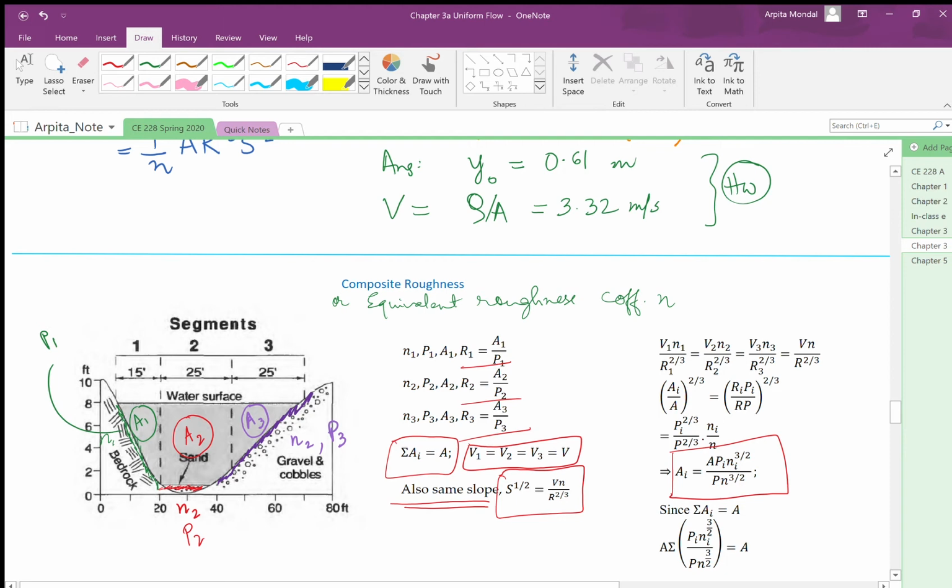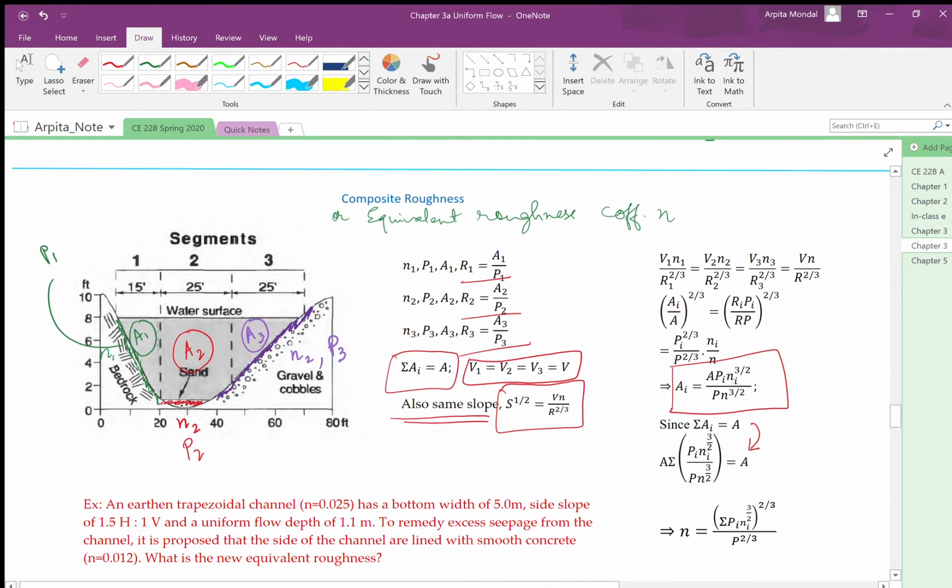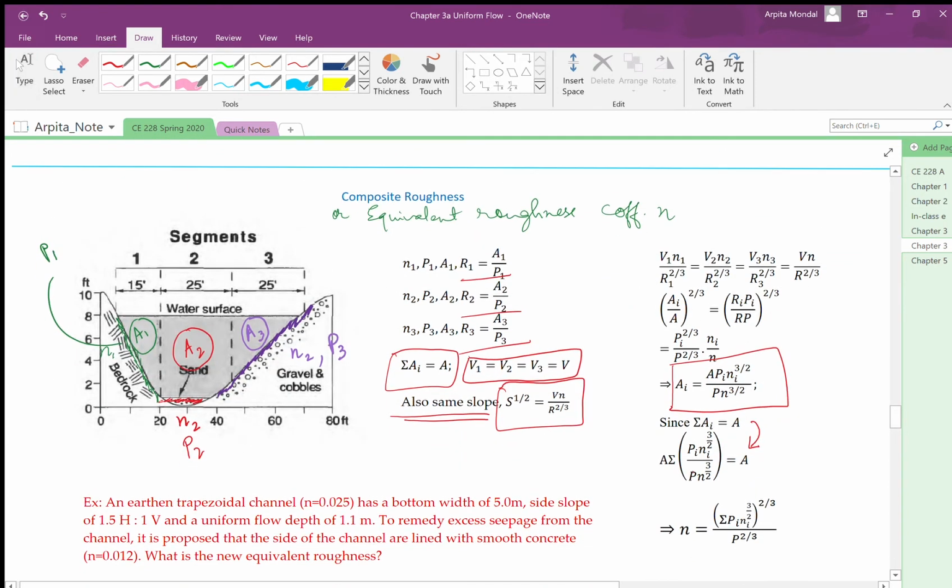We also know that the sum of all these three areas would give the total area A. So when we use that and rearrange the terms one more time, we get the expression for the equivalent Manning's roughness coefficient N, which is written in terms of the individual wetted perimeters as well as the total wetted perimeter. So the total wetted perimeter P is nothing but the sum of these individual wetted perimeters, P1 plus P2 plus P3.